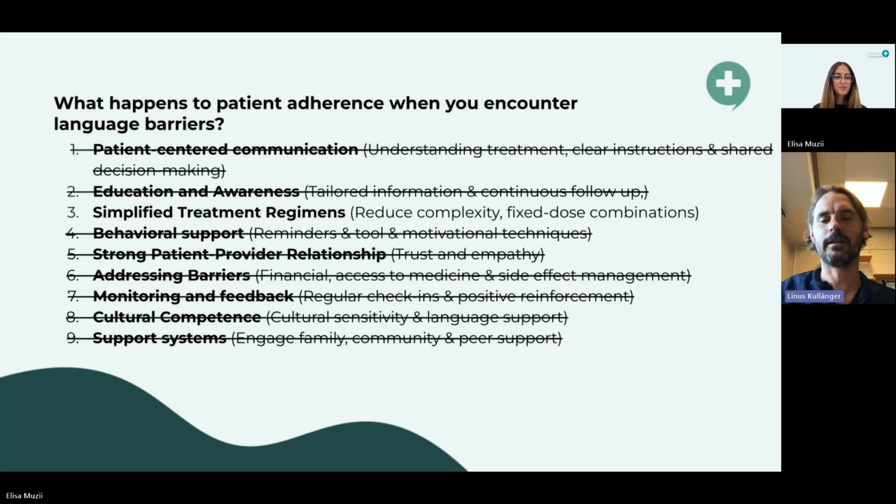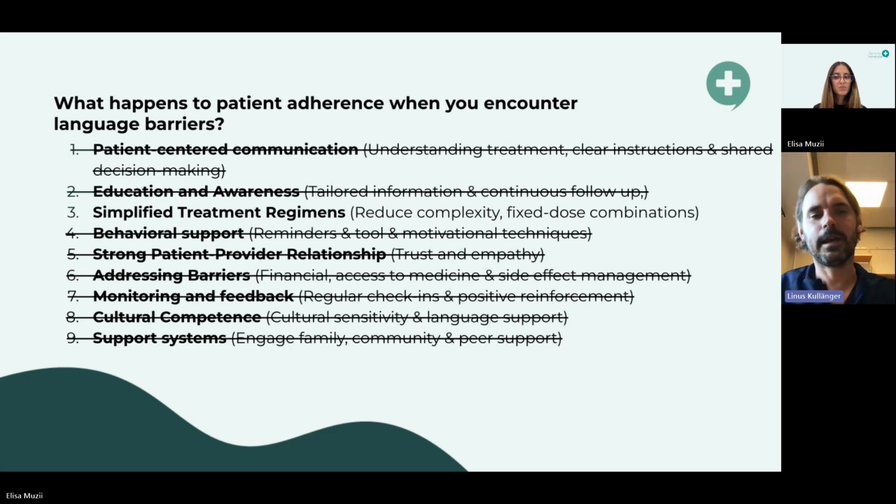If you can't talk to them in the same language, you can't educate them in the same way. You don't have the behavioral support in the same way with motivational techniques. It's very difficult to build trust and show empathy in the same way. Of course, you can do it in some ways, but not at all in the same way.